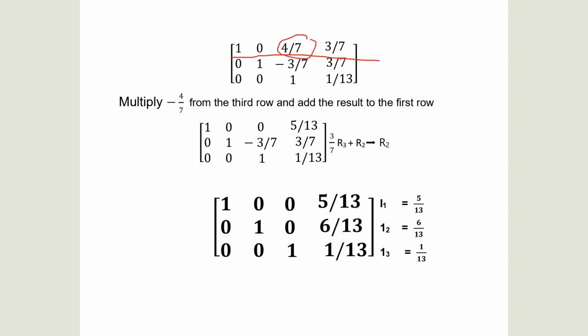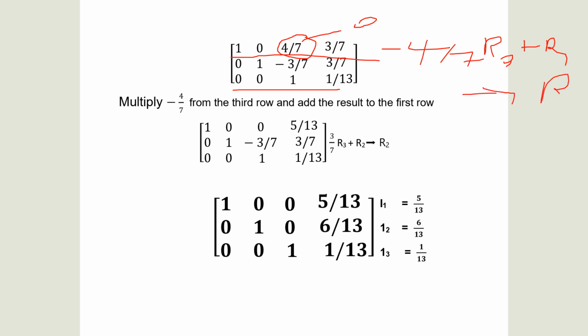Our next target is to make this 4/7 into 0. The elementary row operation that we use to make this 0 is negative 4/7 times row 3 plus row 1 to produce new row 1.